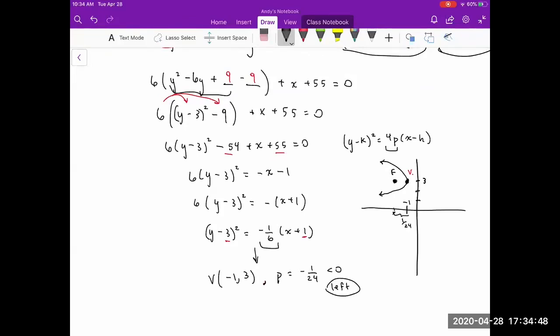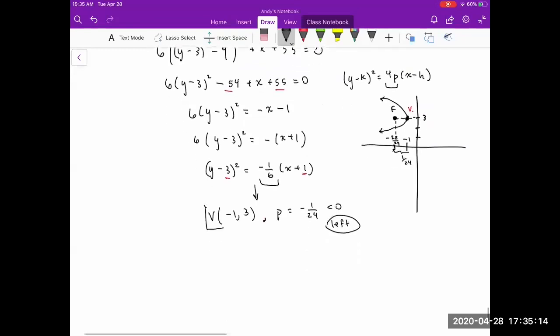So if you travel 1 over 24 in the negative direction, you'll get negative 1 minus 1 over 24. Negative 1 minus 1 over 24, by the way, is negative 25 over 24. So this is the fraction negative 25 over 24. So we found the vertex. The focus is then the point negative 25 over 24, comma 3.